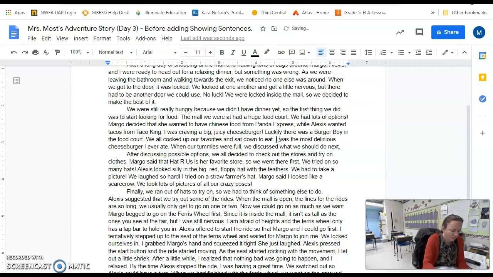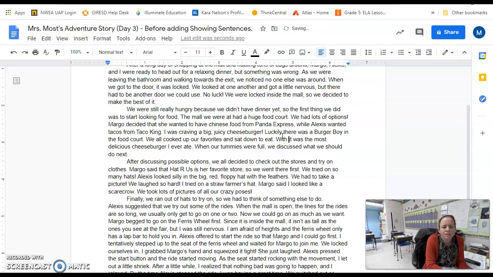Let's change that to, with its gooey, kind of borrowing from the pizza example, with its gooey melted cheese and extra, and let's see what else I want on it.